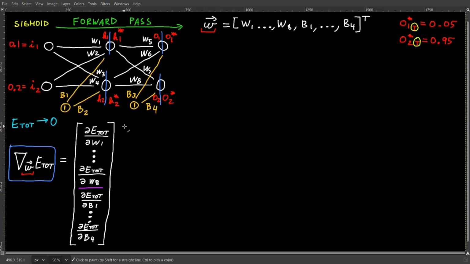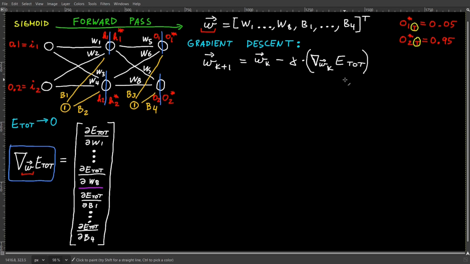And in order to achieve that, I will use a simple gradient descent method that looks like this. There are several gradient descent methods out there, but this is probably the easiest one. This gamma here, that's the learning rate. It regulates by how much the weights change every step.